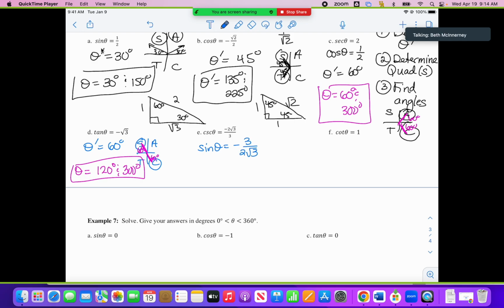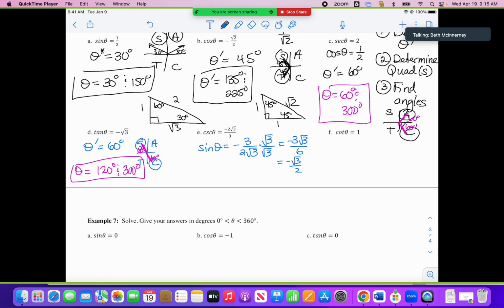That still is not looking like what I know. But what could I do here first? Simplify it to negative 2 over square root 3. All right, let's simplify that square root 3, because right now that's bothering me. So that's negative 3 square root 3 over 6, which is negative square root 3 over 2. Oh, okay, good. That's something we know.